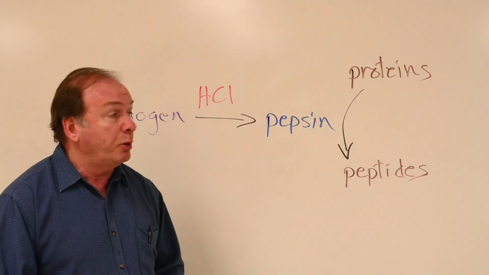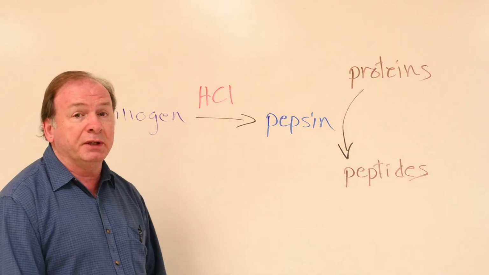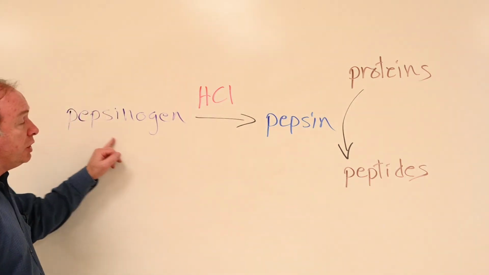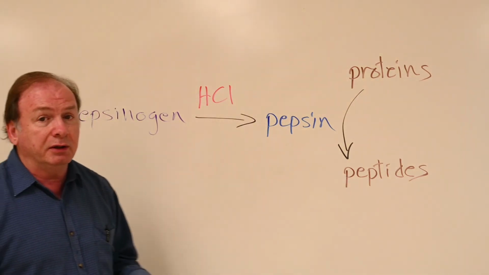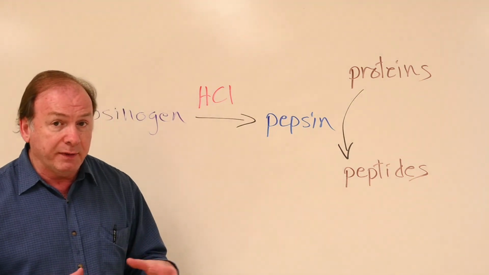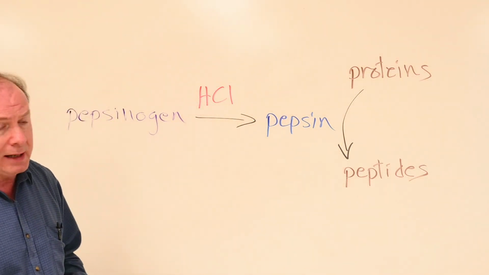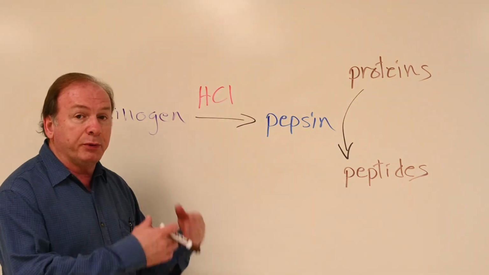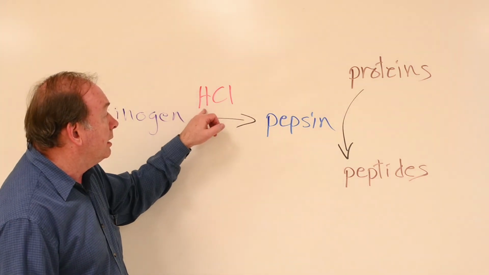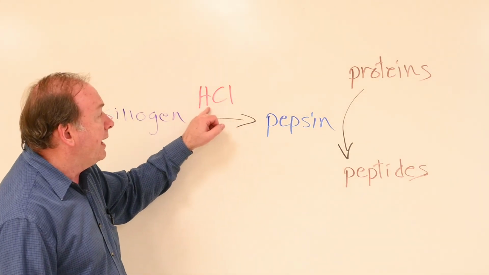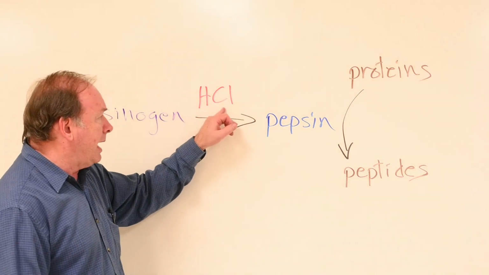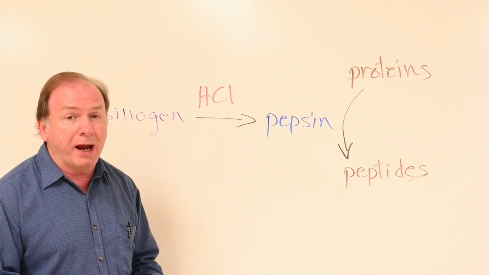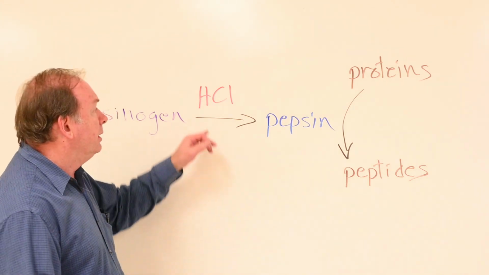All right, let's go back and talk about the formation of pepsin again. Remember that pepsinogen is produced by chief cells in your gastric gland. So we have this precursor to an active enzyme produced down deep in the gland. As it moves up through the gland, it comes in contact with hydrochloric acid, produced by the parietal cells that are further up in the gland.